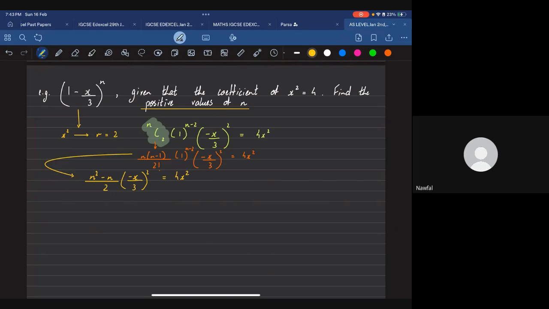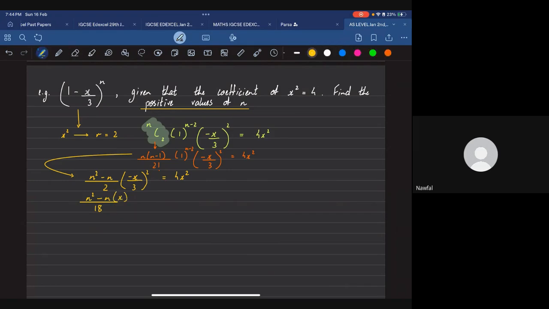Now, if I expand this further, it is going to be n squared minus n over 2 times 9, which is 18. The reason why I'm saying 2 times 9 is because 3 whole squared is 9, multiplied with 2, that becomes 18. And I'm going to leave x inside, I'm not going to open it up. The reason for that, I'll let you know as well.